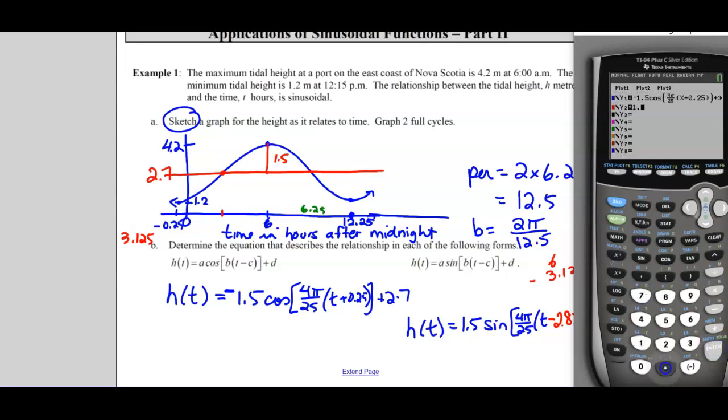And then 1.5 sine. Oh, actually, what you could do is go up. 15 sine? That's going to be a fun one.